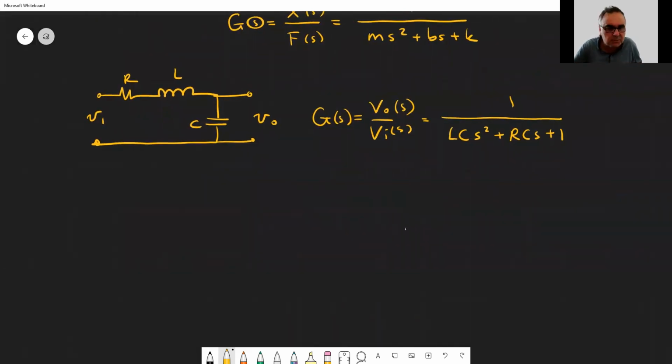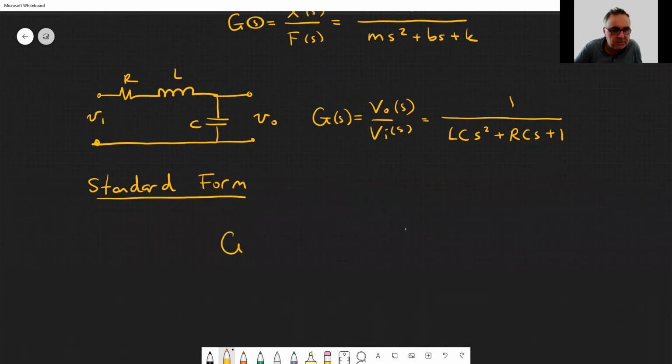It is possible to have all sorts of different second order systems, but the standard form for a second order system is the following. You have seen this in other courses probably.